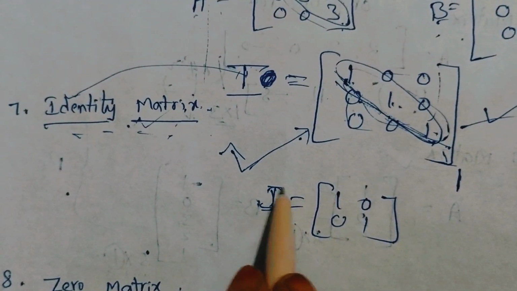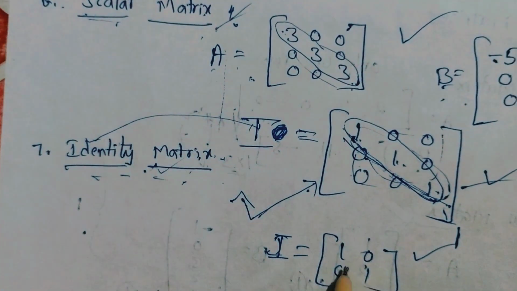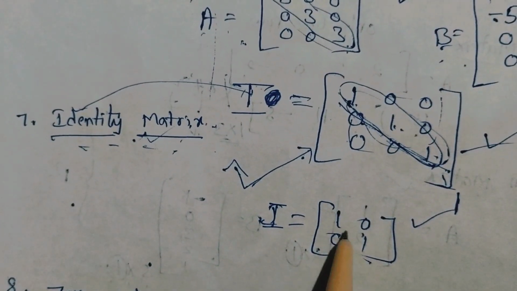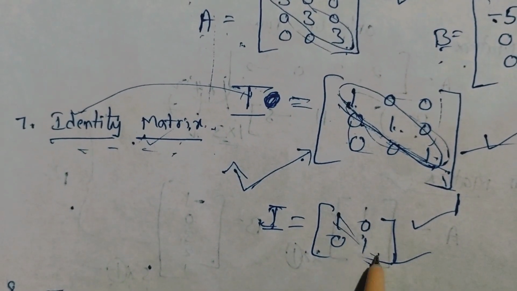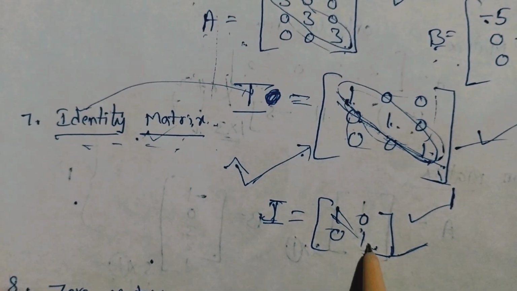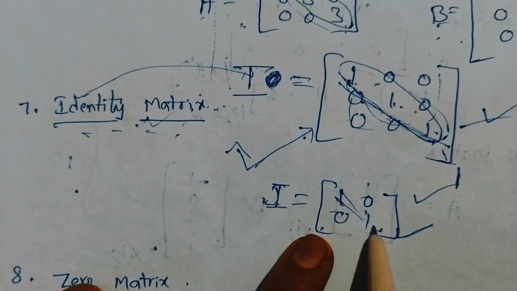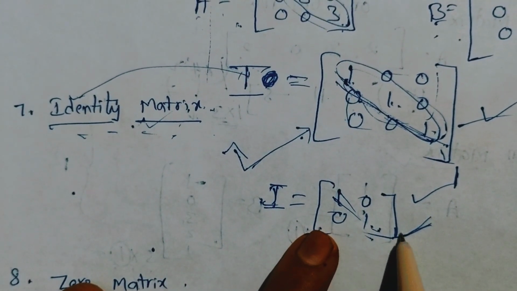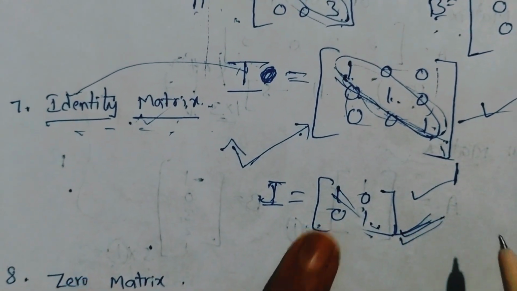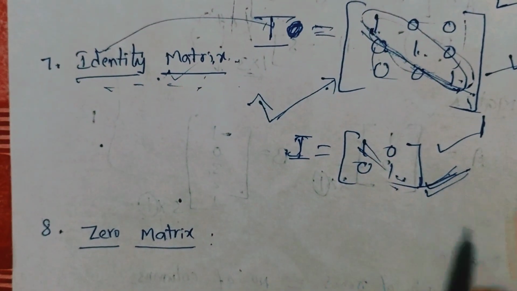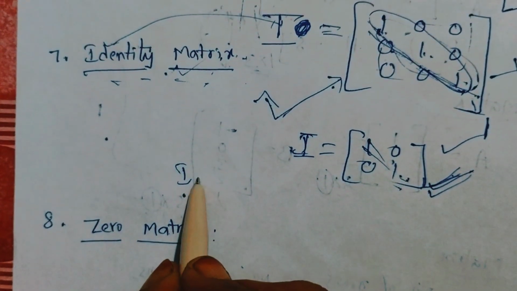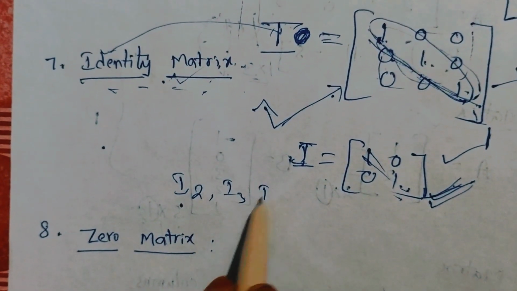This identity matrix is also called a scalar matrix, because here the diagonal elements 1 and 1 are the same, so it is a diagonal matrix, a scalar matrix, and also an identity matrix. Here we write I2, I3, I4.